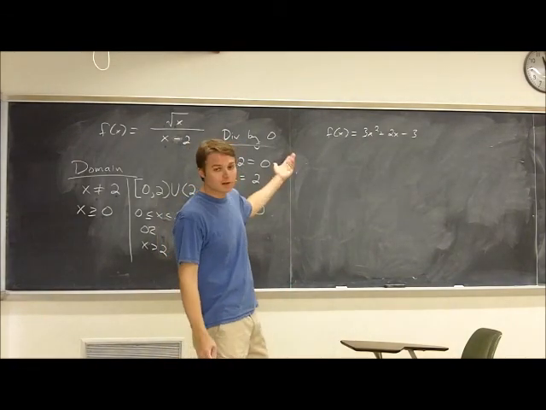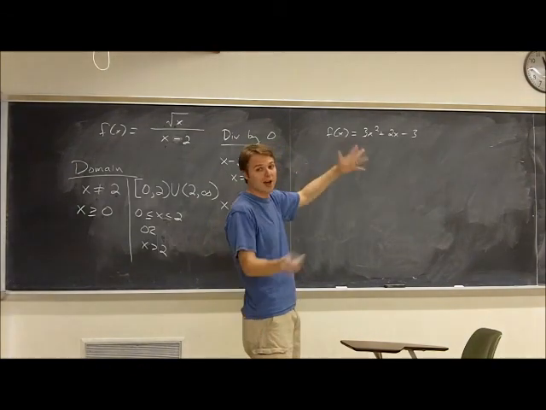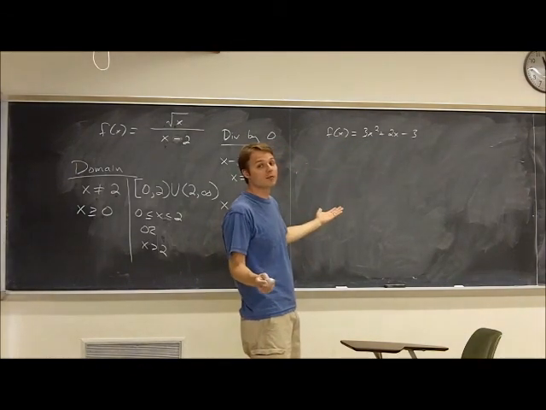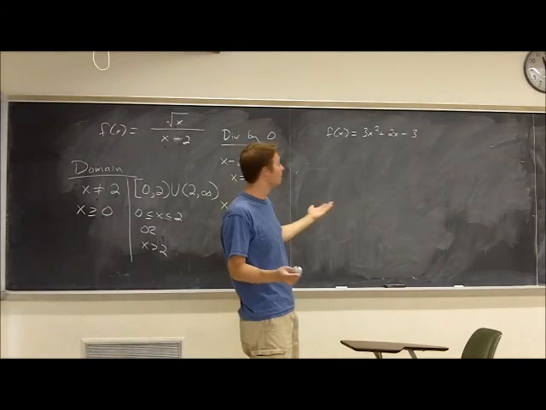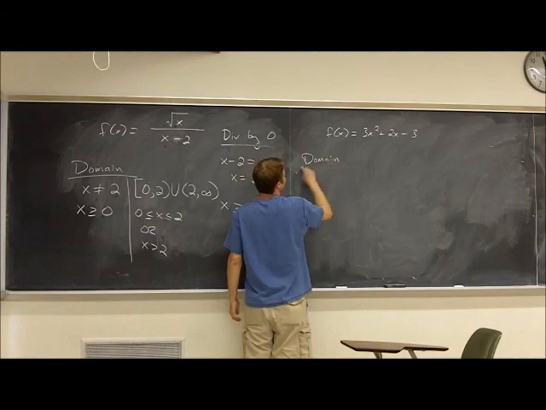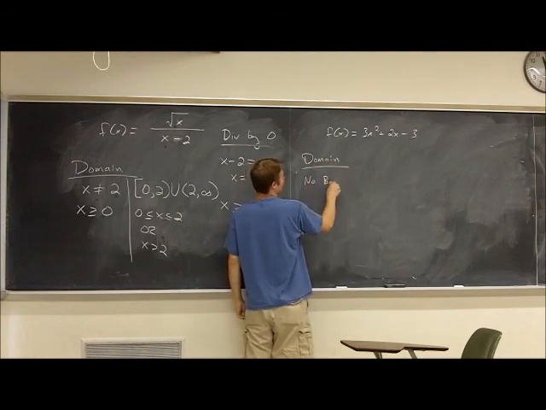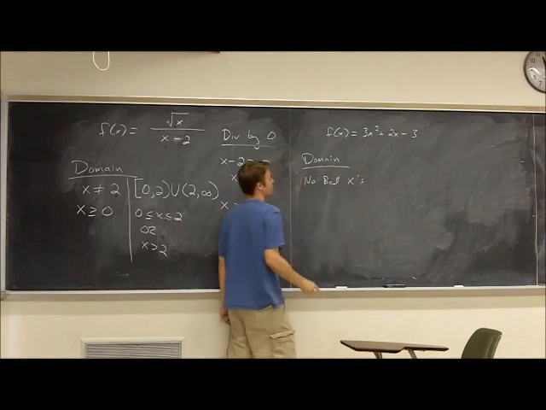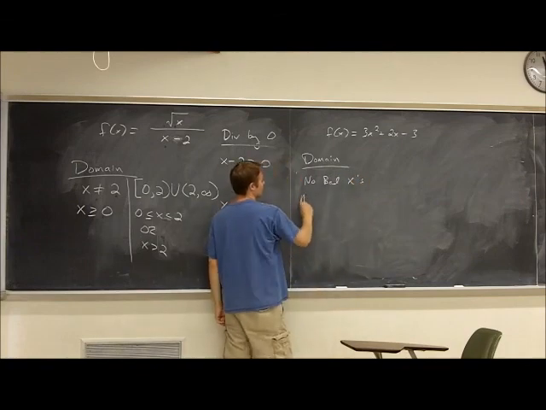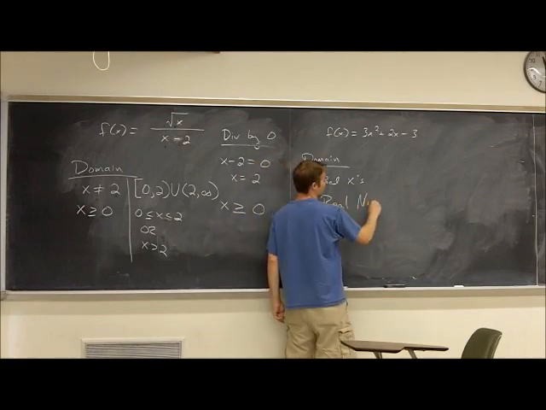In fact, any x value you pick, you can always square it, multiply it by 3, and then add 2x, subtract 3. You'll never have a problem doing that. You'll always get some number. So there's no bad x values, which means that the domain is just all real numbers, or all real x values.